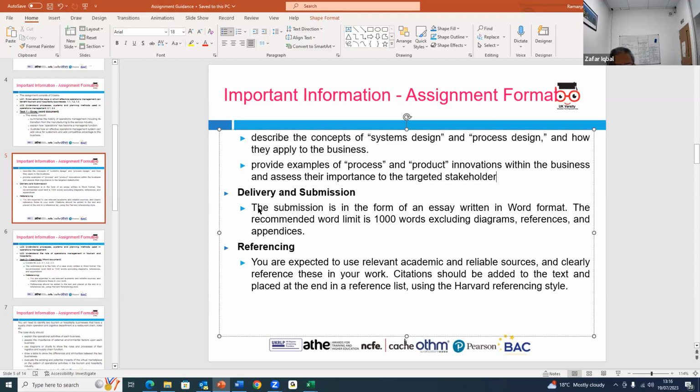You build up the bibliography at the end, so you keep adding your references towards the end. But you must reference your writing within the text. You're expected to use relevant, reliable academic sources and clearly cite them in the text, and place them at the end in the reference list using Harvard style referencing. And it's a total of 1,000 words.